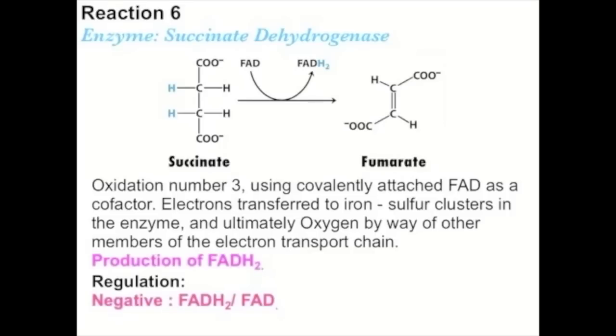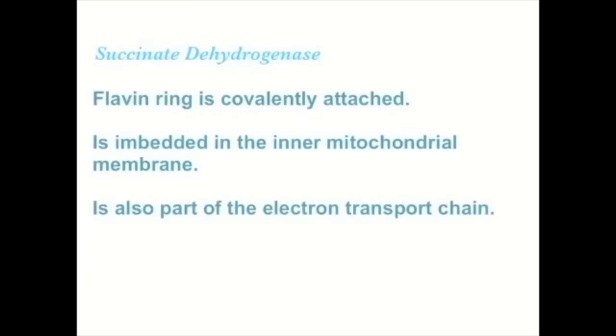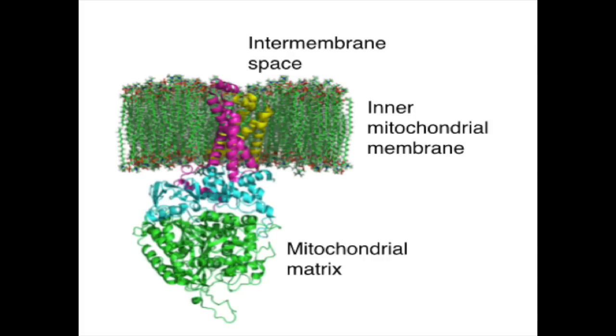In this reaction, FADH2 is a product, and this enzyme is regulated by the FADH2-FAD ratio. High ratios of FADH2 will inhibit this enzyme. The flavin ring in succinate dehydrogenase is covalently attached to the enzyme itself, and succinate dehydrogenase is embedded in the inner mitochondrial membrane.